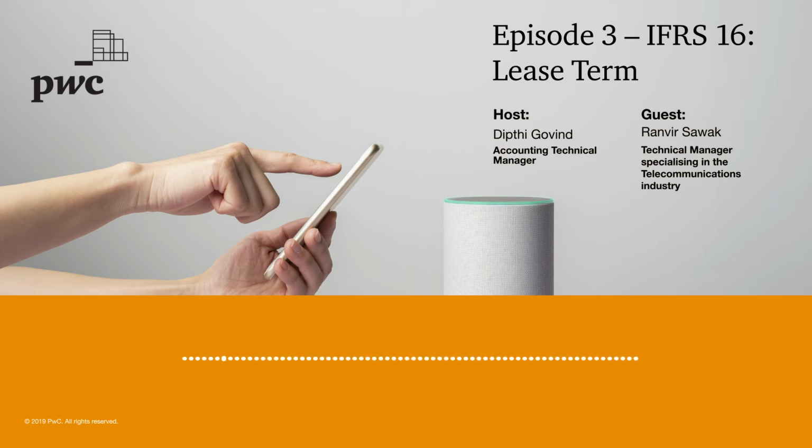So you mentioned that the lessee needs to be reasonably certain in deciding whether to include renewal or termination options in the determination of the lease term. Is there any guidance that could assist our listeners to determine what is considered to be reasonably certain? Certainly. IFRS 16 has guidance on the matter, and in most cases, this is fact and circumstances specific.